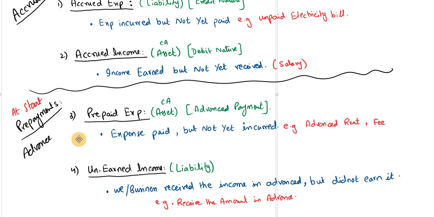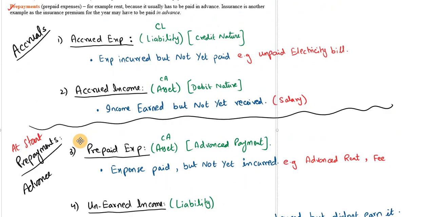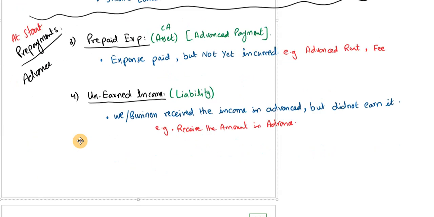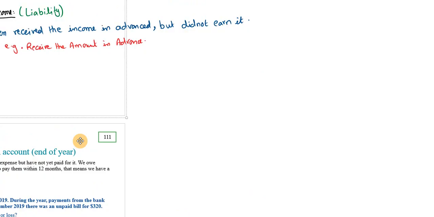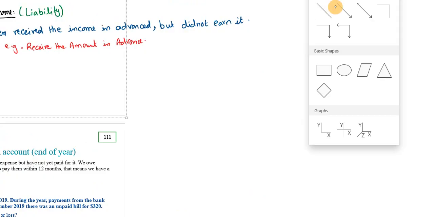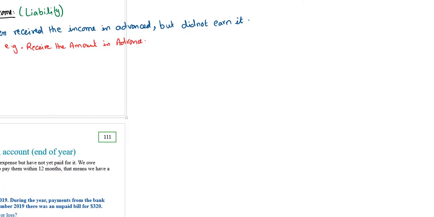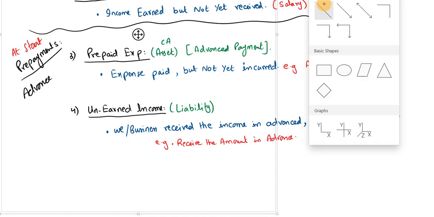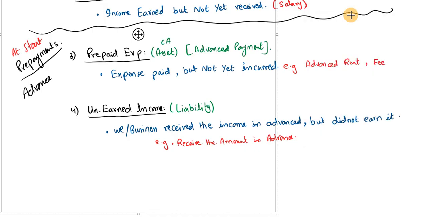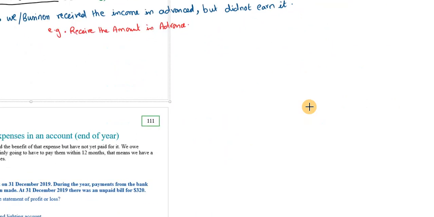Now we are going to open the ledger T account of the two expenses, accrued expenses and prepaid expenses. First we will make a separate format, then I will make the combined account. The first one is related to the accrued expense, then I will teach you how to make the prepaid expense account.